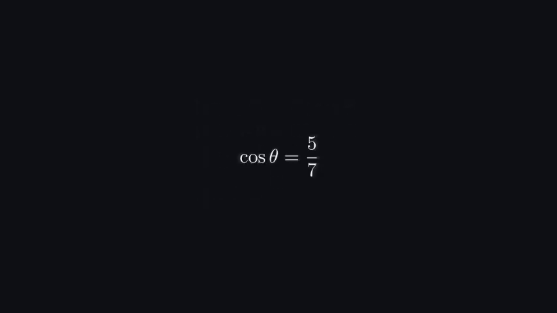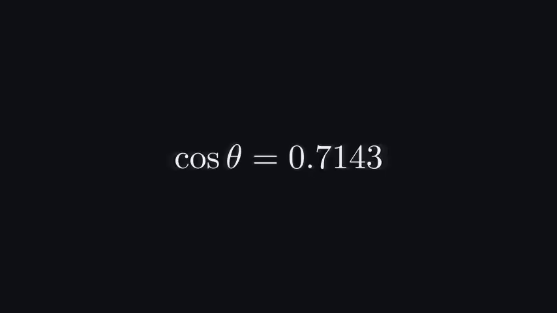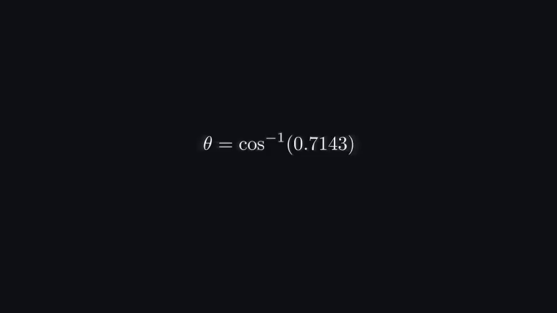Continue the aligned calculation. To find the angle, take inverse cosine. This gives theta equals 44.4 degrees. Correct to the nearest degree, this is 44 degrees. Theta equals cos to the power of minus 1 of 0.7143.